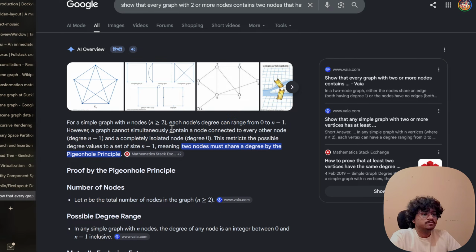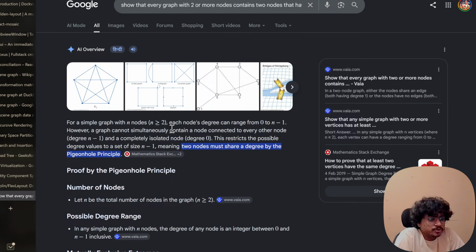However, a graph cannot simultaneously contain a node connected to every other node and a completely isolated node. This restricts the possible degree values to a set of size n minus one, meaning two nodes must share a degree by the pigeonhole principle.